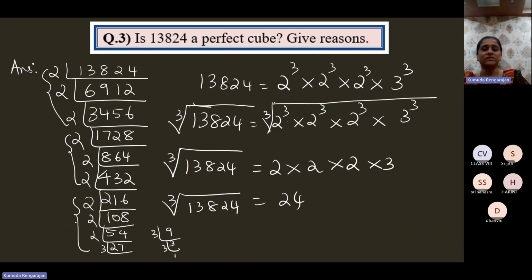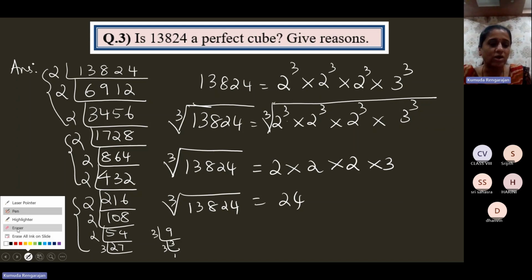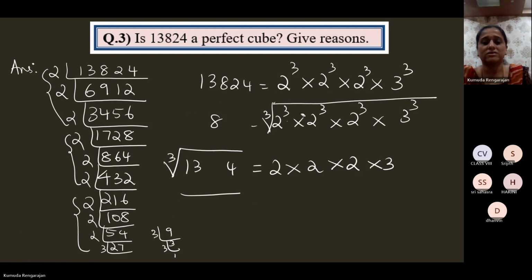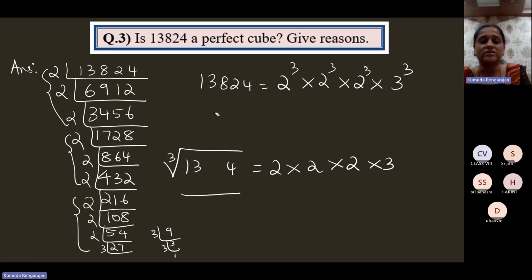Now I have to clarify something. I have answered the question, find the cube root of 13,824. But the heading is 13,824 a perfect cube? Give reasons. I'm sorry, children. I didn't take a look at the question clearly. The cube root is 24. The working is all fine, but we are not asked to find the cube root here.